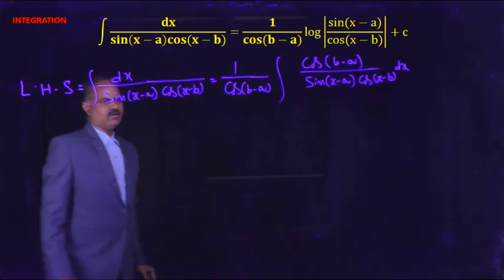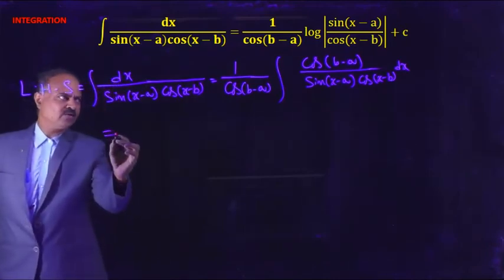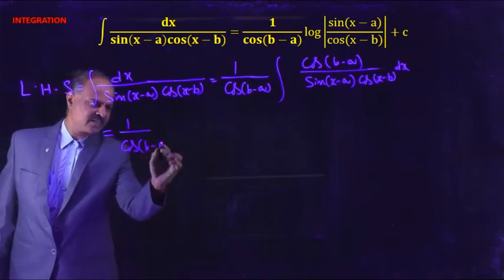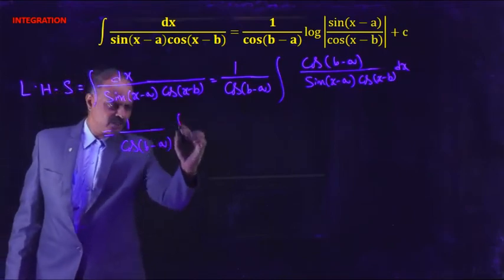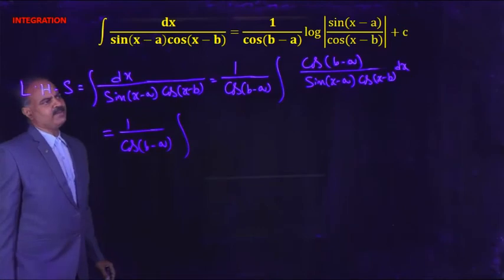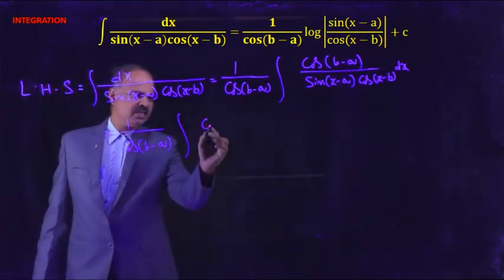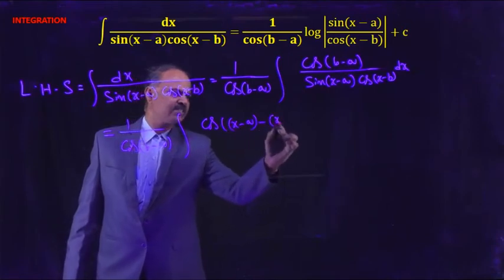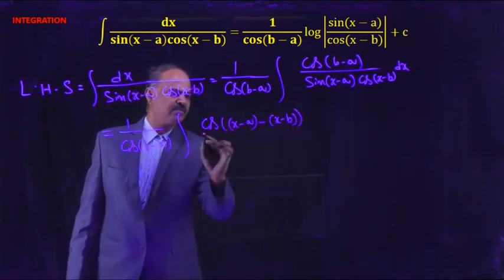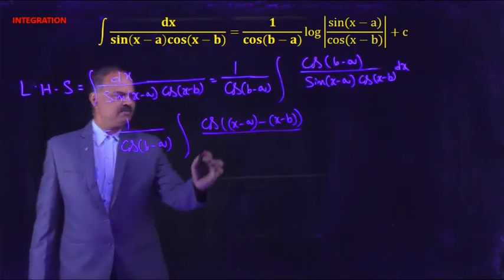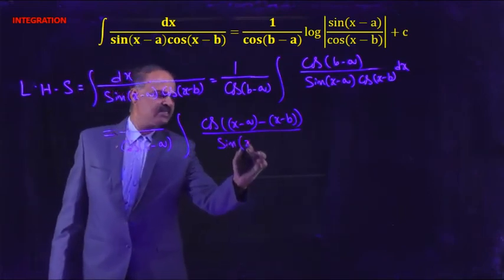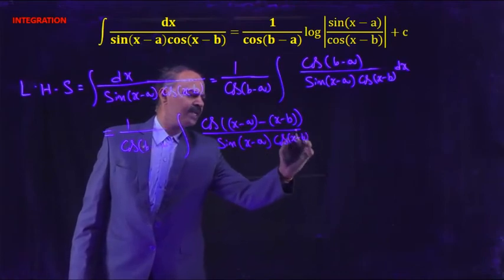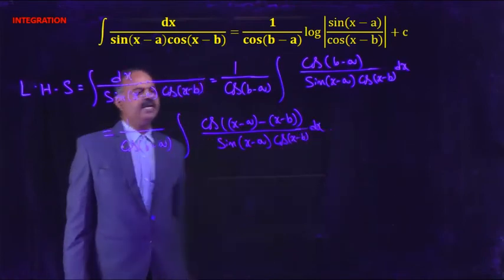Now this equals 1 by cos (b minus a) into integral, cos of (b minus a) can be written as cos of ((x minus a) minus (x minus b)), divided by sin (x minus a) into cos (x minus b) dx.